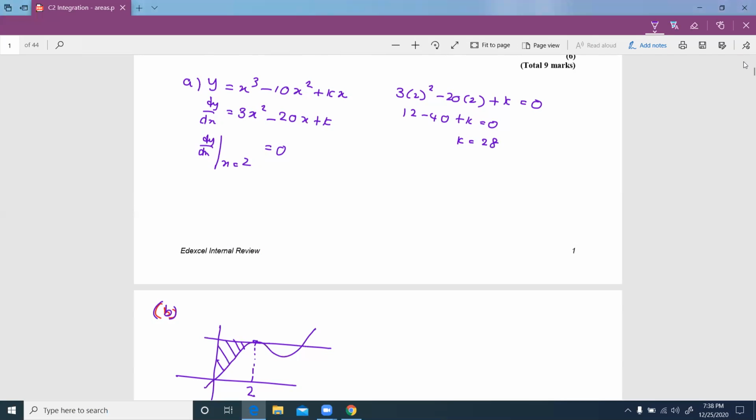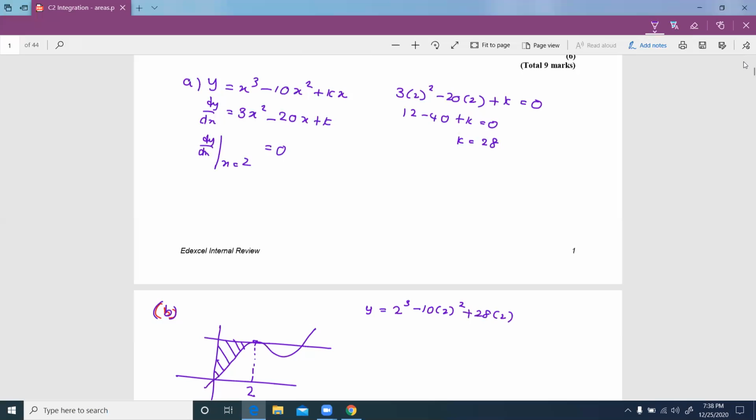Now you know that over here the x coordinate is 2. If you substitute this 2 into the original function, what do you get for the y coordinate? 2 cubed minus 10 times 2 squared plus 28 times 2, right?